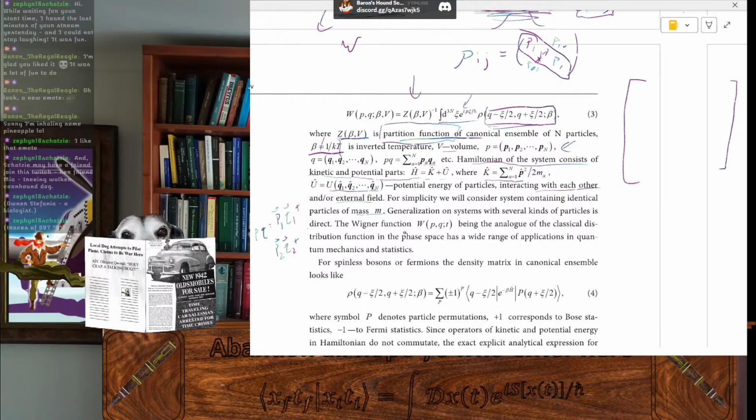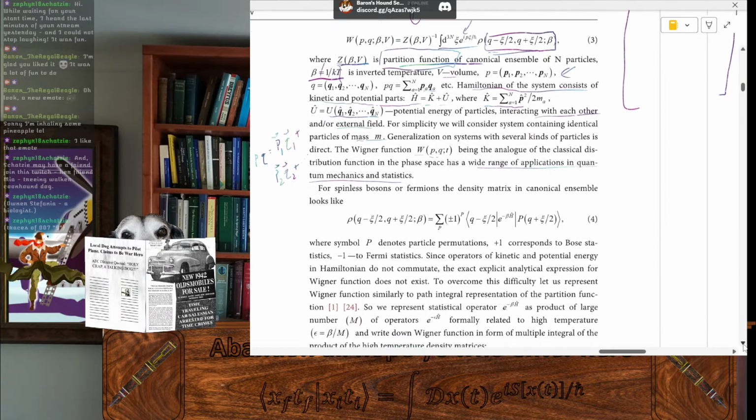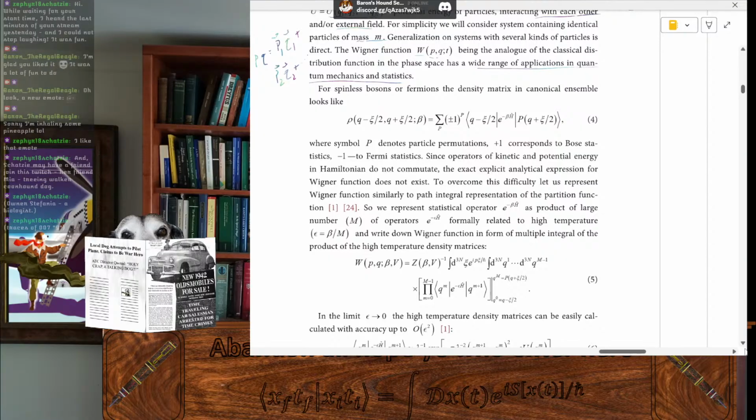The Wigner function, W of P, Q, T, being the analog to the classical distribution function in phase space, has a wide range of applications in quantum mechanics and statistics. So again, W is not just about this, it's about a bunch of different things.